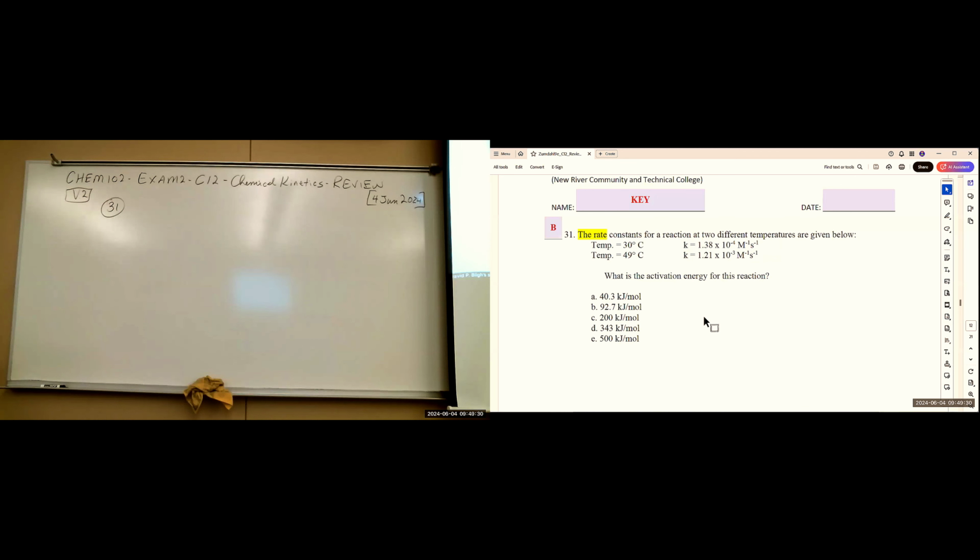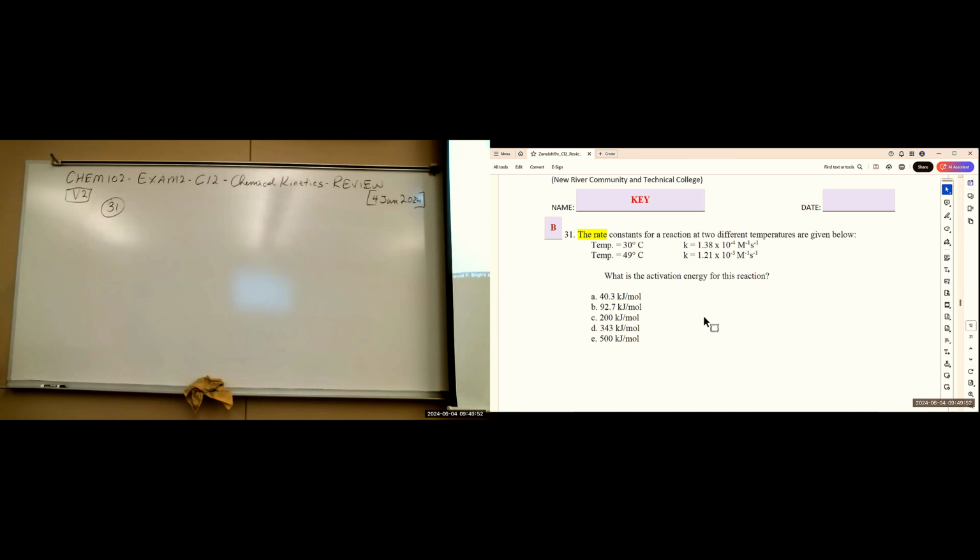So we get our Arrhenius equation, and we don't have to graph it to see what the values are. We could, but we were not given enough information to graph it. So we go to the modified integrated rate law equation.